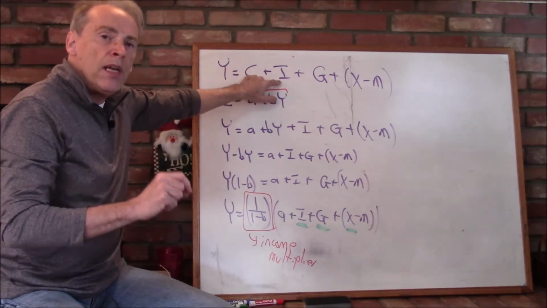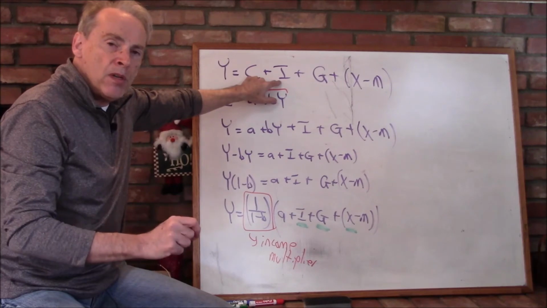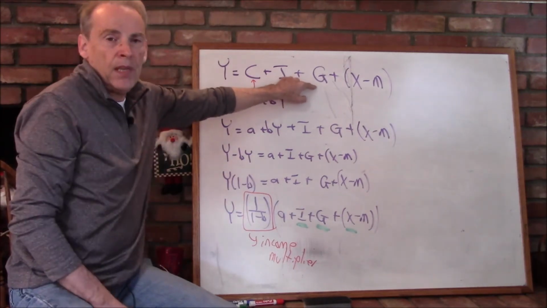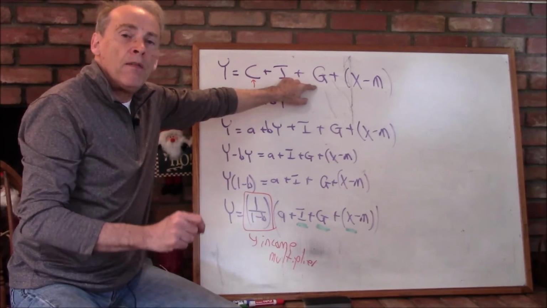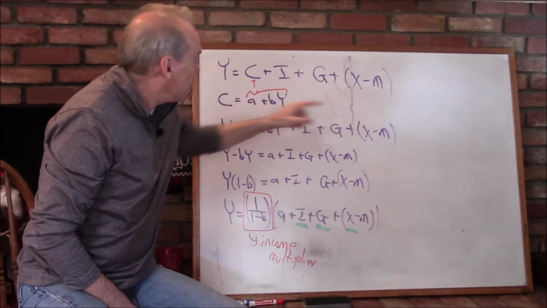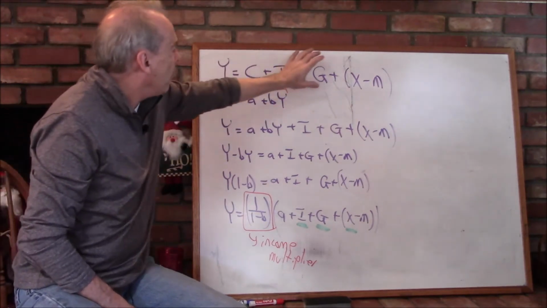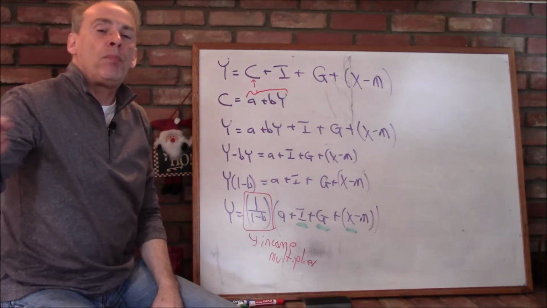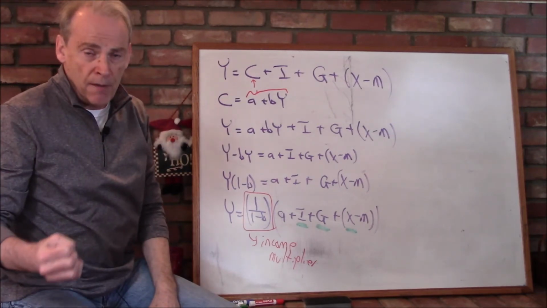Total investment, including any investment goods firms imported. Total government spending, including anything the government bought from other countries. So that negative M is really to draw out of these 3 all the things that were purchased from foreigners and not from Americans.